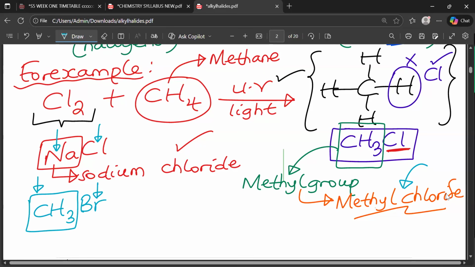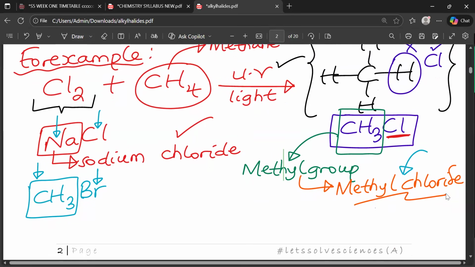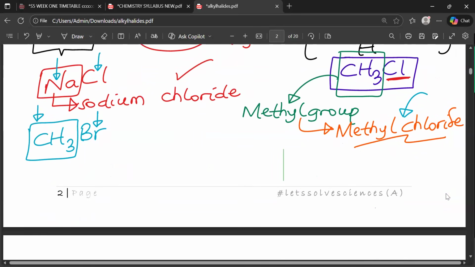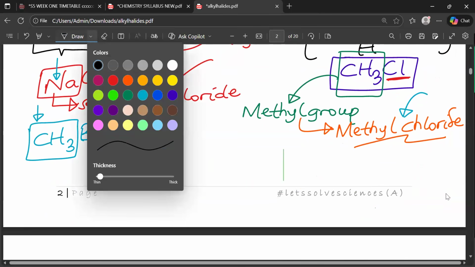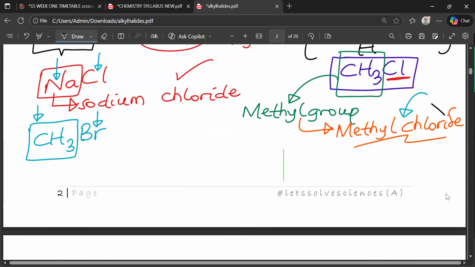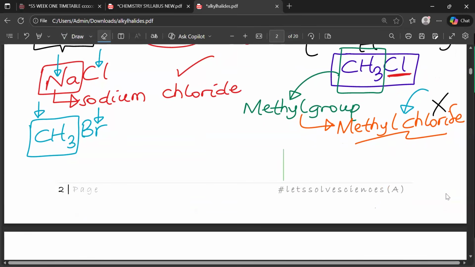And when bromine reacts, the halogen compound that comes out must be a bromide. People know that. However, there is what they call the IUPAC system of nomenclature. So I'm going to put X on this, X on provided you're naming it as bromide. I'll put X on that. So what is the IUPAC name?